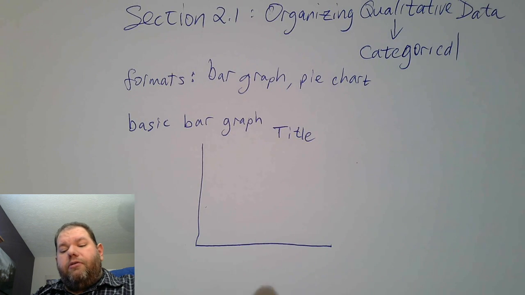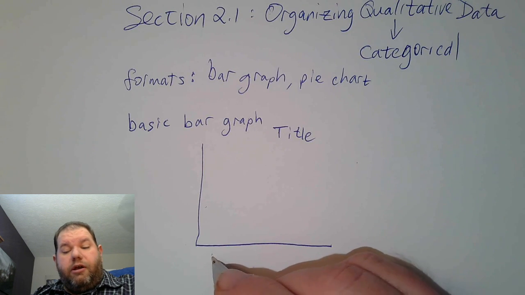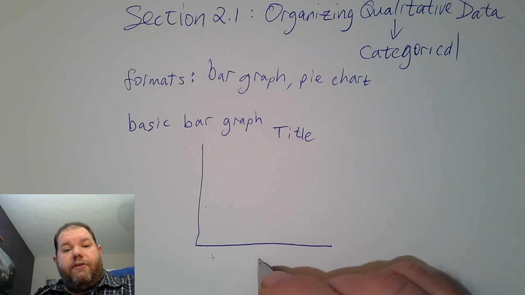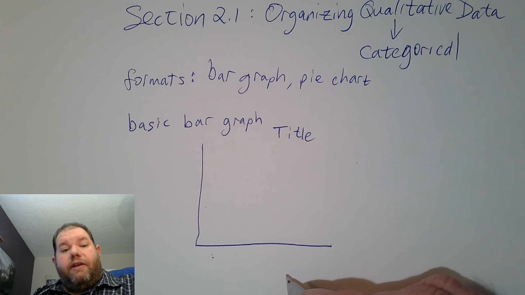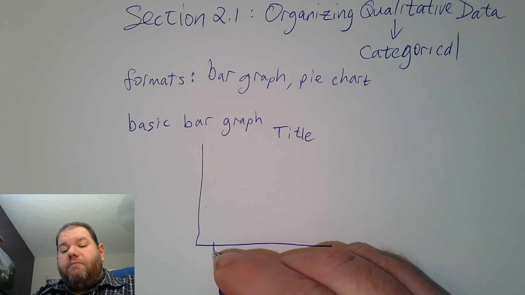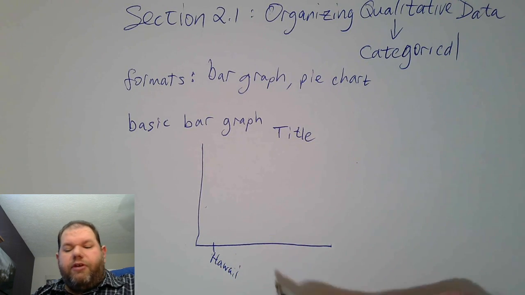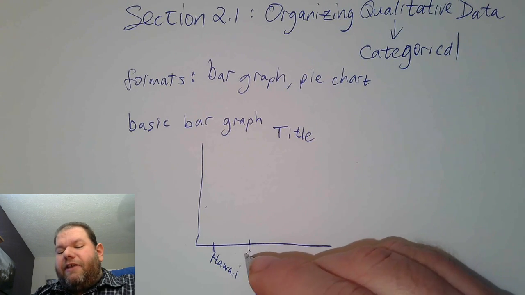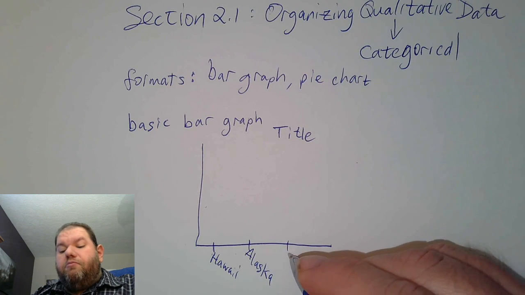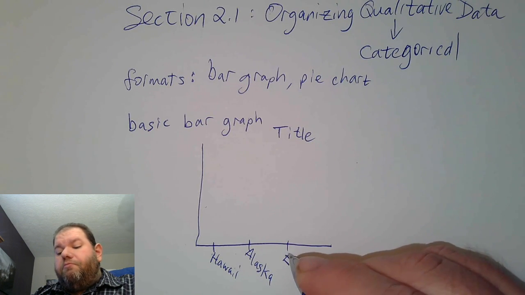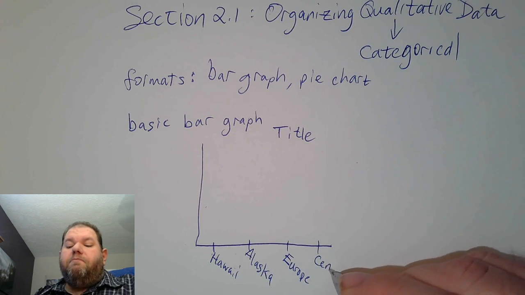Typically on the horizontal axis we'll put the individual data values, like the different data values that were selected. So if we're thinking about vacation destinations, we might say Hawaii, when we can travel again, Alaska, Europe, Central America.